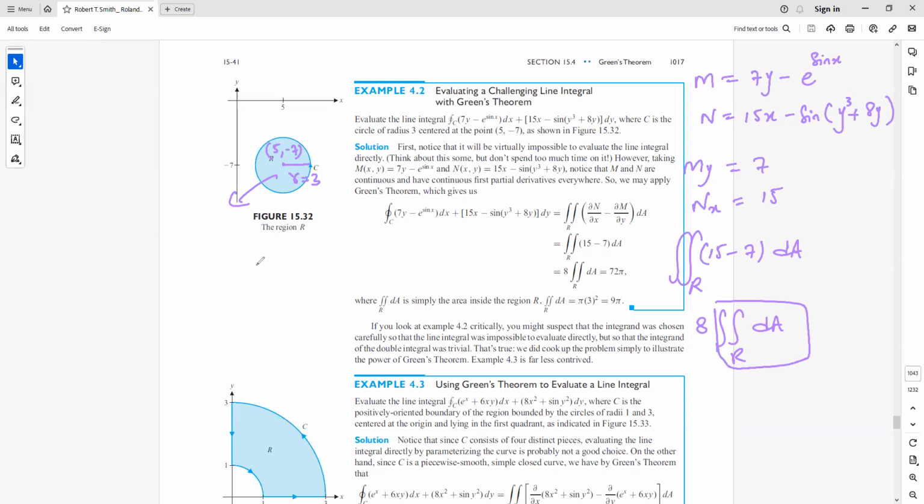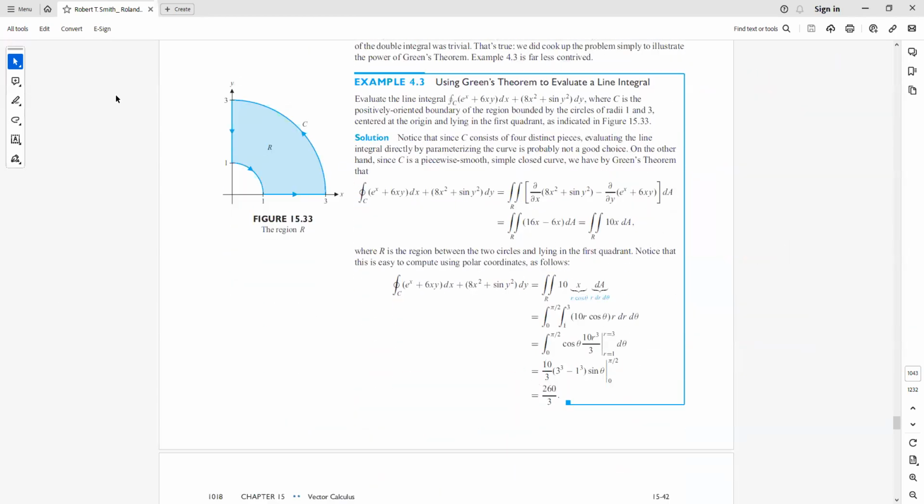So we can say 8 times pi r squared, where r is given as 3. So 8 times pi r squared, that is 3 squared, is 9, so multiplied by 9 is simply 72 pi. So the computation is now much easier by using Green's theorem.